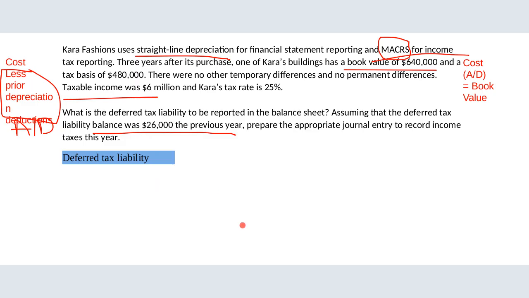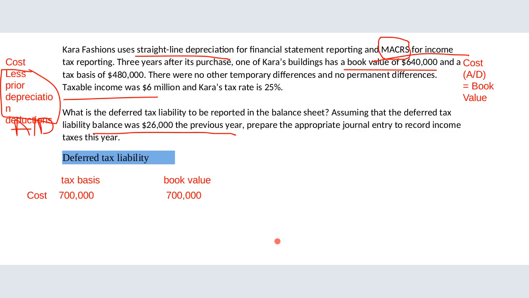So let's assume we have tax basis and we have book value. Okay. So let's say we said it was cost. So let's assume the cost is 700,000.